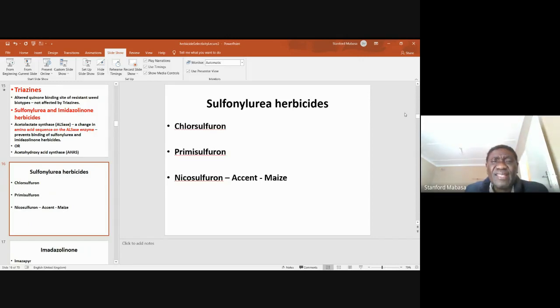Now, these are the sulfonylurea herbicides: chlorsulfuron, primisulfuron. Nicosulfuron is the Accent, which is used to kill couch grass in maize.